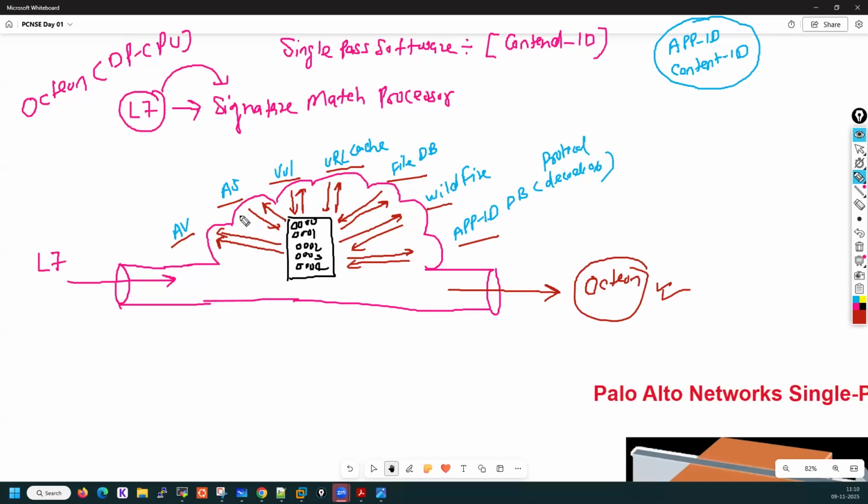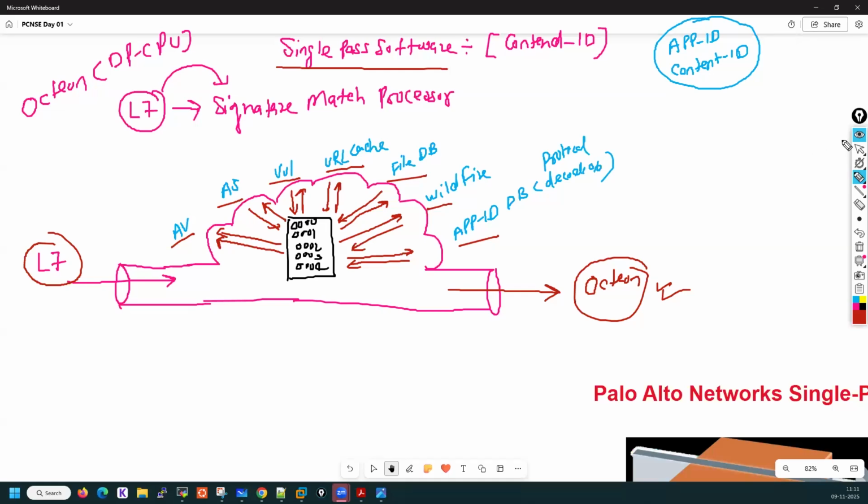If data is clean, then it will inform that the data is clean. So your information is saved only one time in the memory location and processed against all your layer 7 features. Your packet is only going through this layer 7 or content ID processing in a single pass.